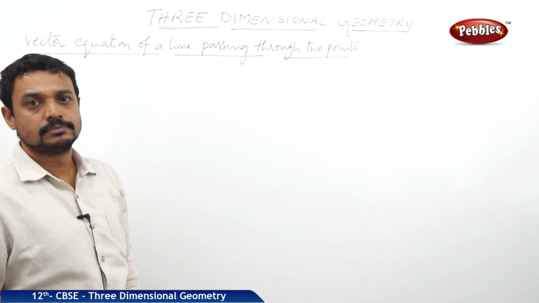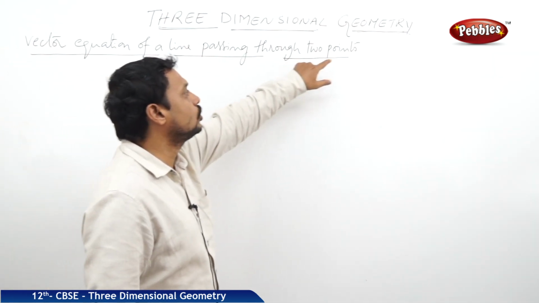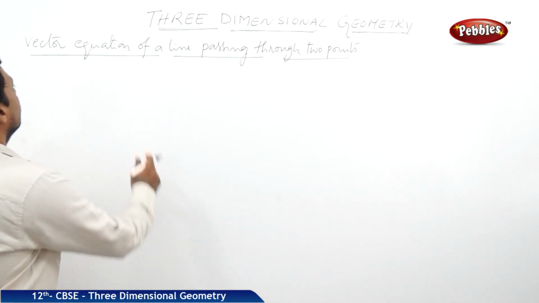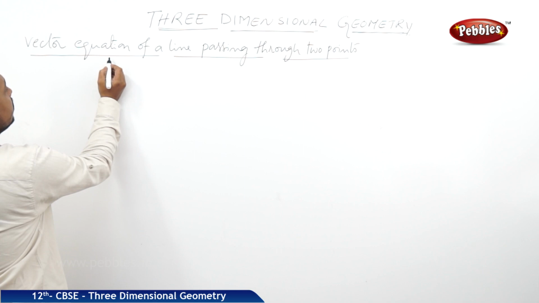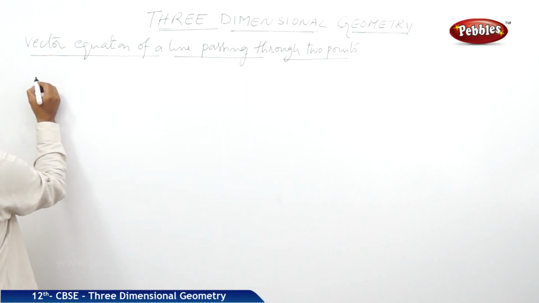Now, the vector equation of a line passing through two given points. Second case. How to find the vector equation of a line passing through two fixed points? Now, let us see.